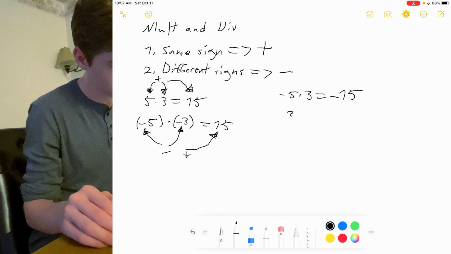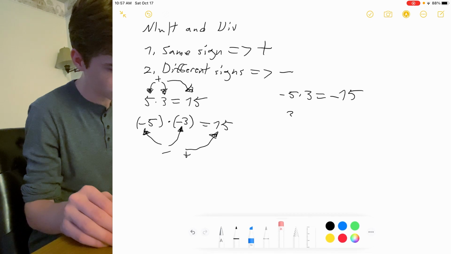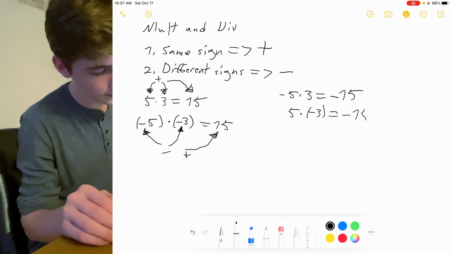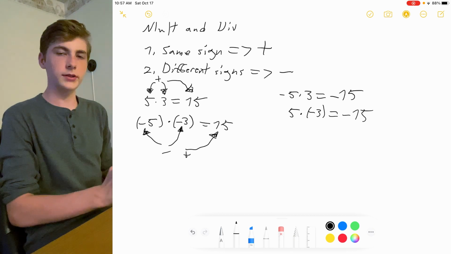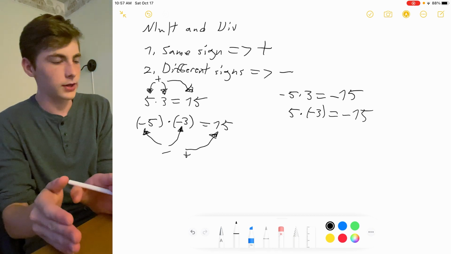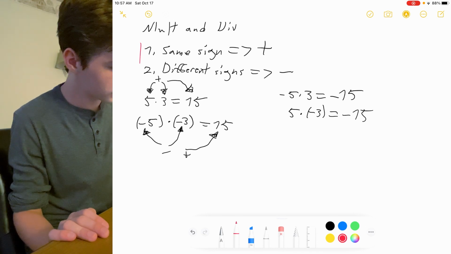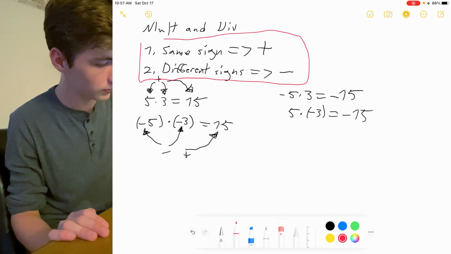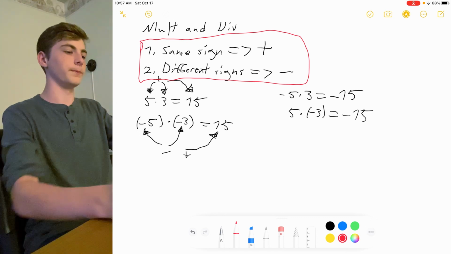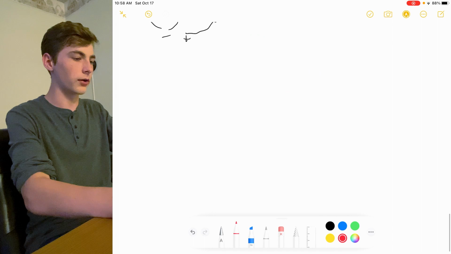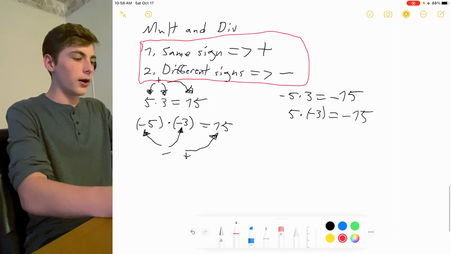Same thing if we did positive 5 times a negative 3, that would also be negative 15 again. Because they have different signs, so the answer is going to be negative. So just really remember these 2 rules right here. These are super important in multiplication and division. And this will become super natural the more you do it.